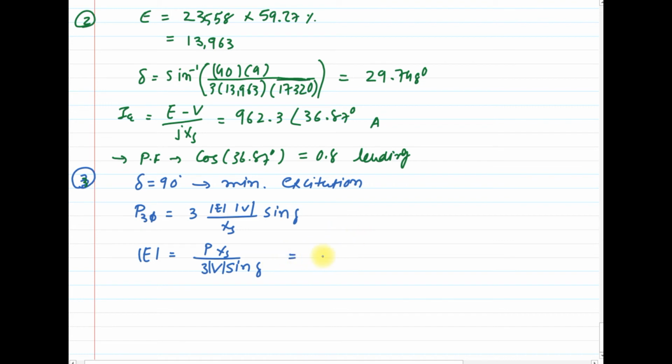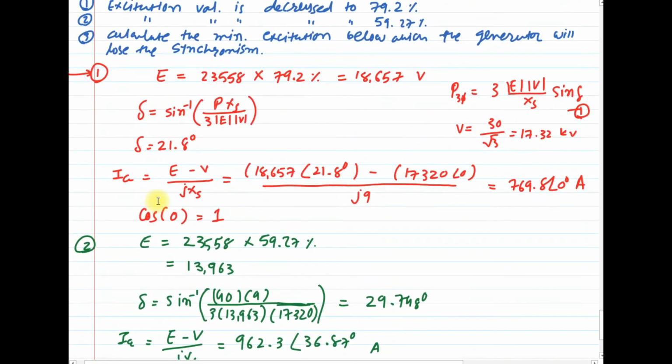So you will substitute all the values, which is 40, Xs is equal to 9 ohm, 3 V is equal to 17.32 and sine delta, which is sine 90, is equal to 1. Clear? So you will get the minimum value of excitation voltage, which is 6.928 kV. Clear? So just compare the excitation values.